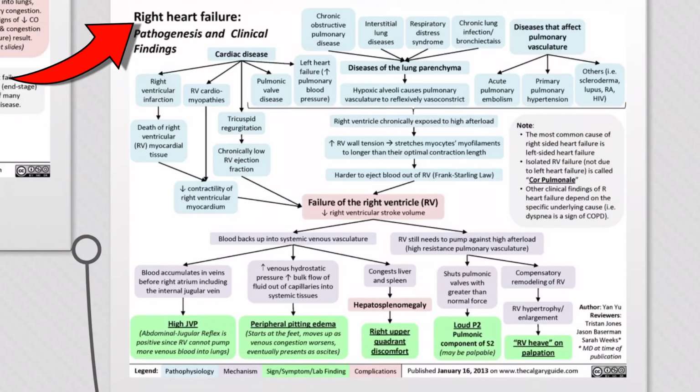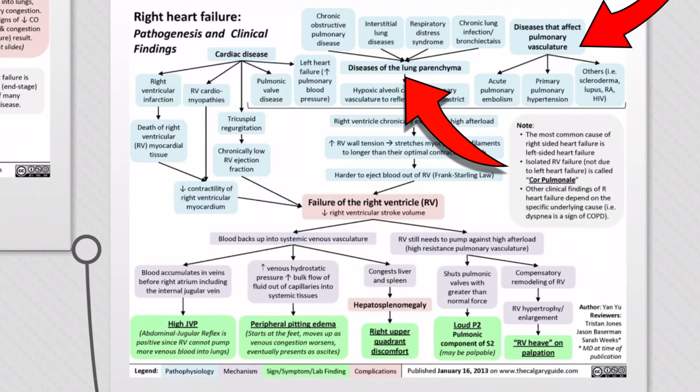Now, what about right-sided heart failure? With right-sided heart failure, the etiologies can come from the lungs or the heart itself. Lung diseases like COPD, interstitial lung diseases, or even a problem with the pulmonary vasculature like acute pulmonary embolism or pulmonary hypertension can eventually lead to an increase in pressure in the right ventricle.